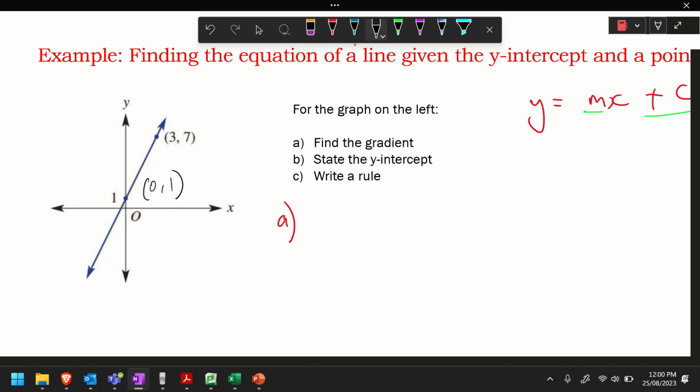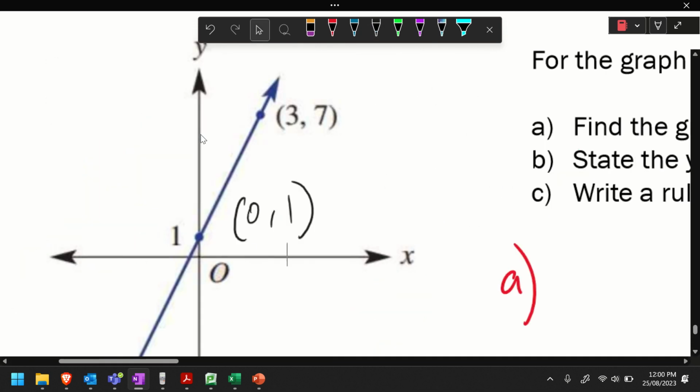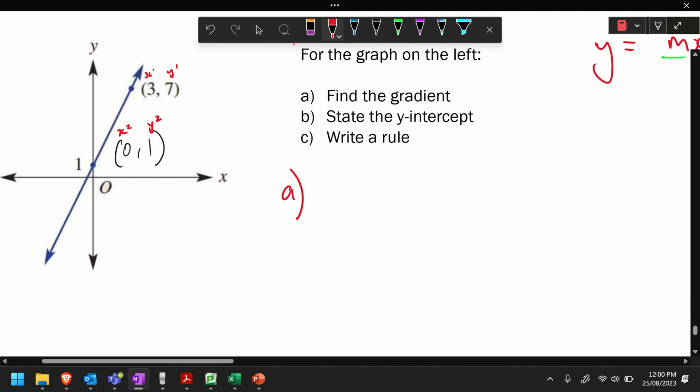Good, because it's a y-intercept. So there you go. There's your 2 points. So all you do now is, let's call this x1, y1, x2, y2. Remember the gradient formula. Okay, or you can say m, which is the gradient, is y2 minus y1 divided by x2 minus x1.